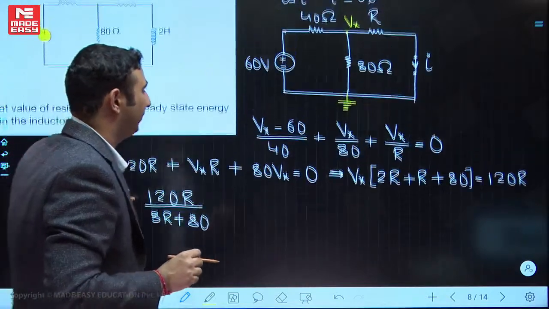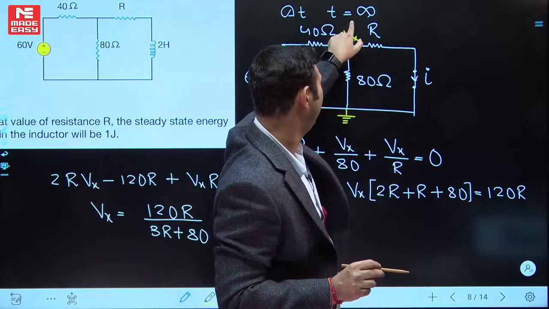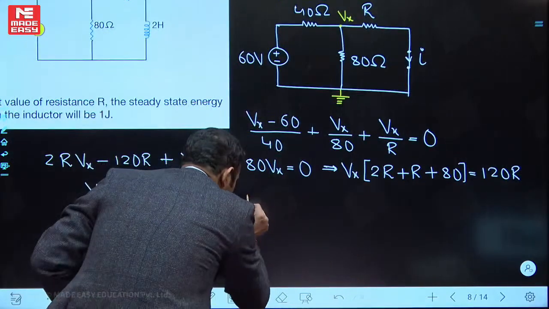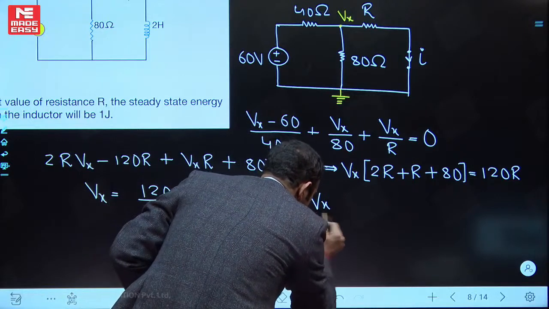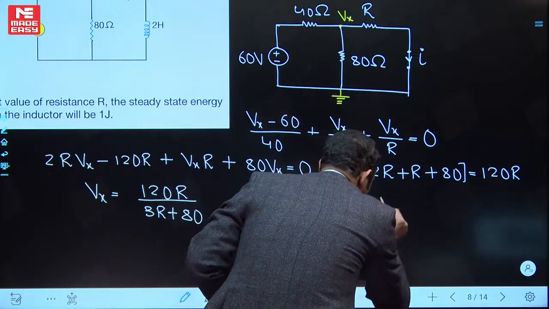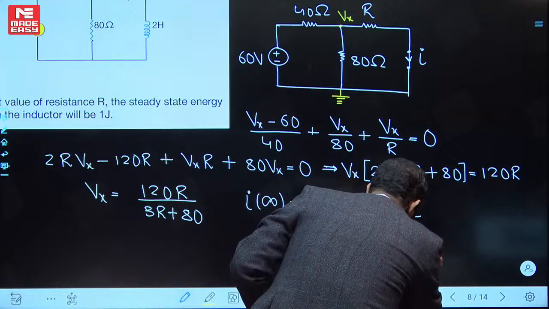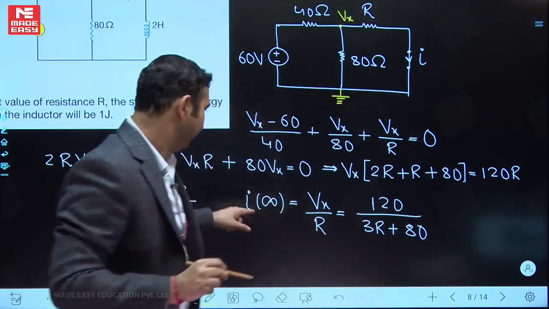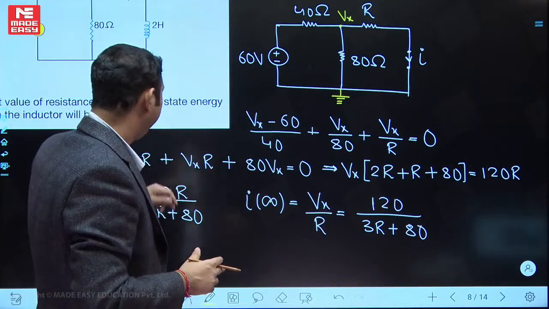So this is the Vx value that I have got, but what I am interested in calculating is I infinity, because we are doing the calculation at infinity. So you can see the steady state value of the current will be Vx divided by R, which is coming as, if I divide it by R, it will be 120 divided by (3R plus 80). So this is the current value that we have got over here. I infinity I have calculated.